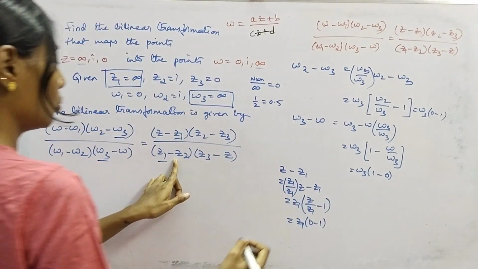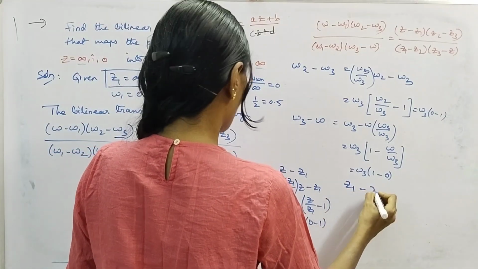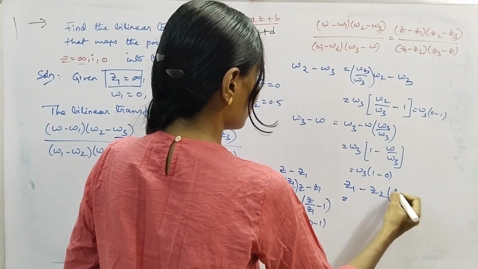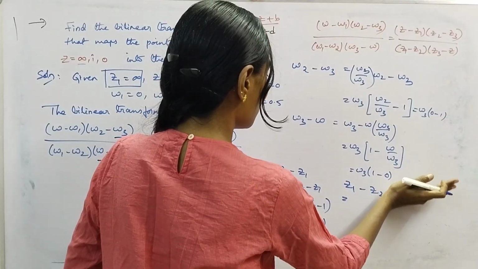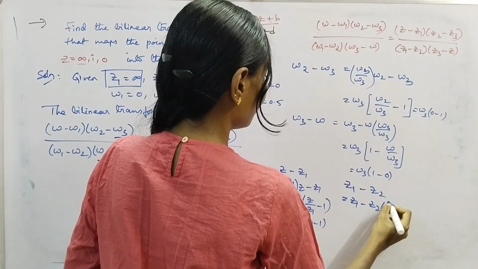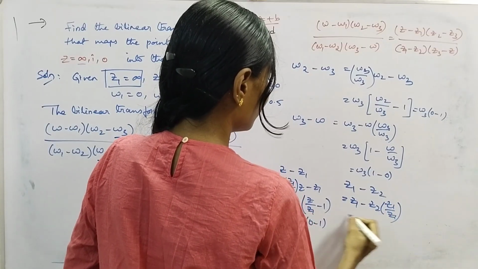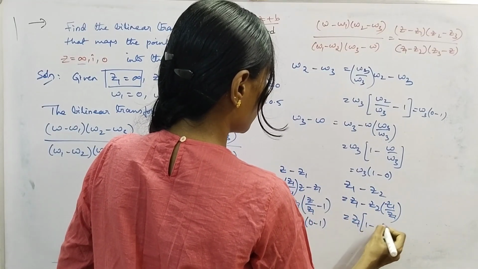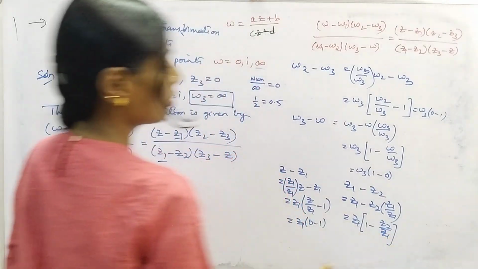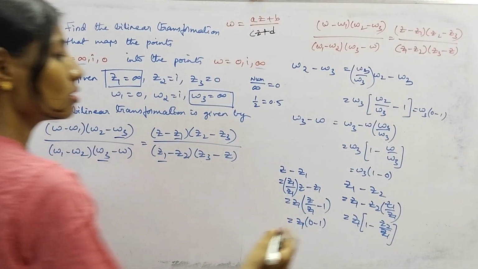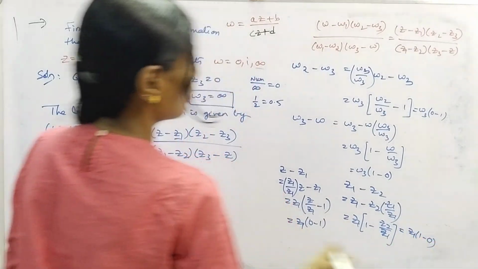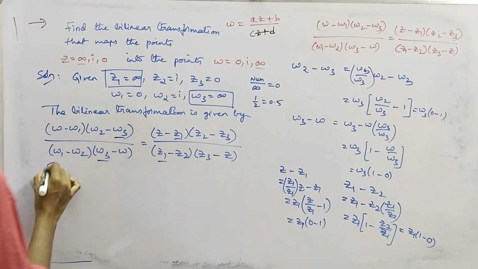Likewise, you have one more term, Z1 minus Z2. You need to take Z1 common, but here you don't have any Z1. Just multiply and divide Z1 to the second term. Now take Z1 common, you'll get 1 minus Z2 by Z1, right? It gives us Z1 times 1 minus 0. Now coming to the problem.